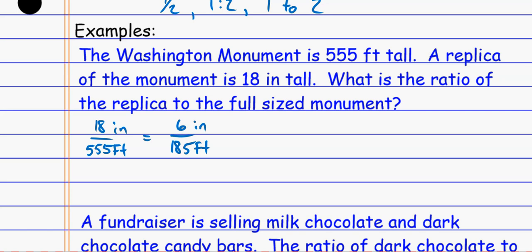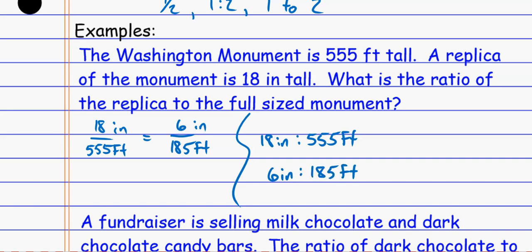The other way we might see this written, of course, is with the other notation, which is this one. And just like when I did the fraction, I still have to reduce this just like I would a fraction. So even in this notation, I still have to reduce it. I have to rewrite it as 6 inches compared to the 185 feet.